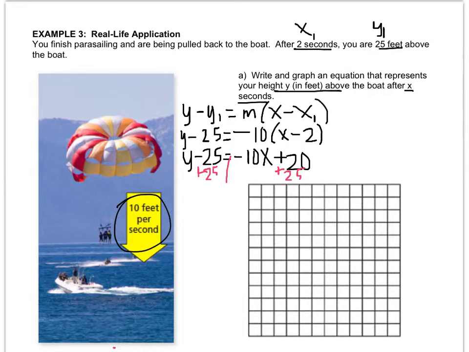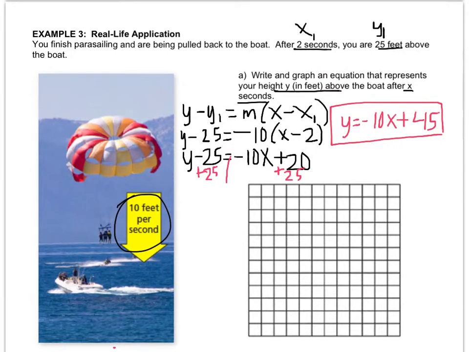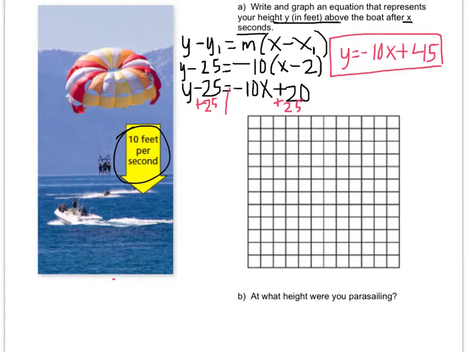So my final formula is y equals negative 10x plus 45. Now I have to graph it.